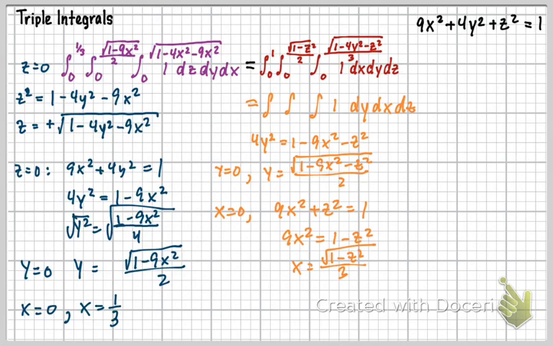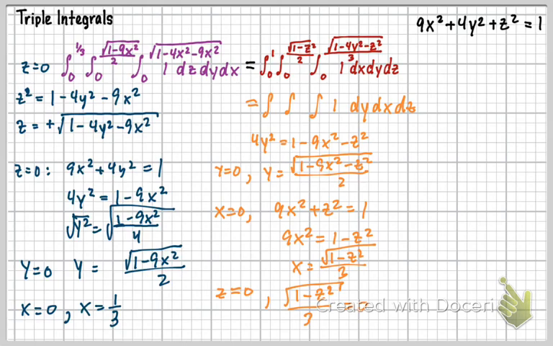Okay, so then for the last one, I can set my x equal to 0. So then my lower bound for my z is z equals 0. And then I'm going to plug that in. So that's going to be the square root of (1 minus z squared) over 3 equals 0.